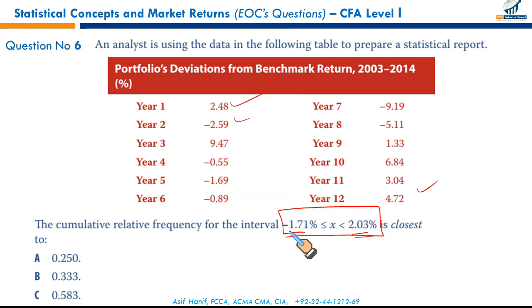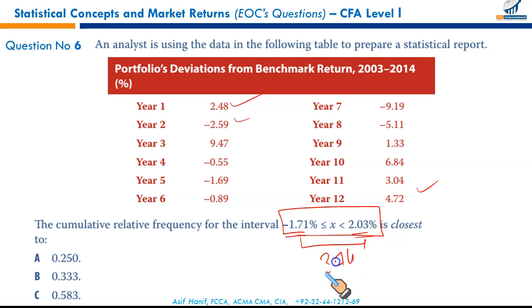Data is raw. It will help you first calculate the class interval, and then we lay down the tabulation data, sort it into intervals, and then we can calculate the relative frequency. The difference between negative 1.71 and 2.03 is 3.74.